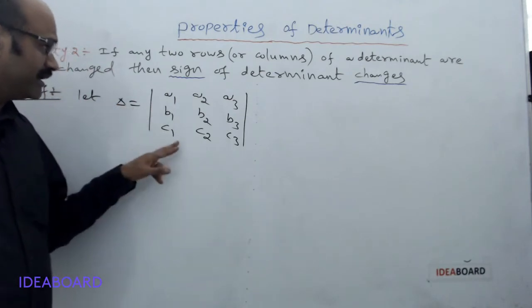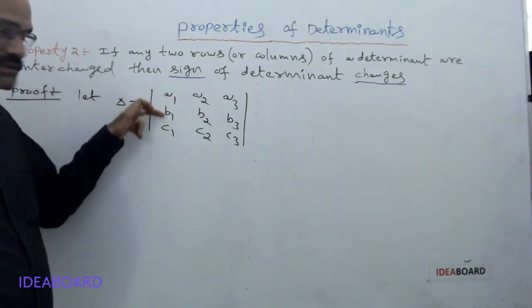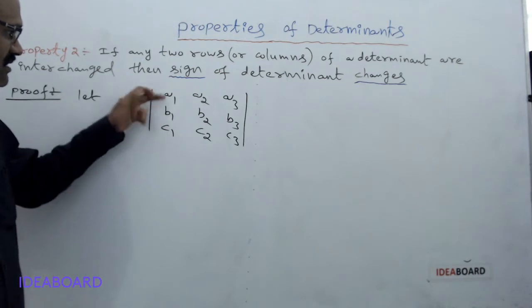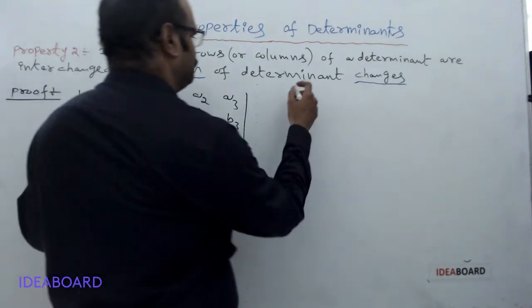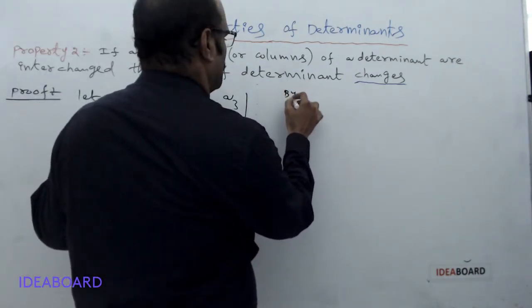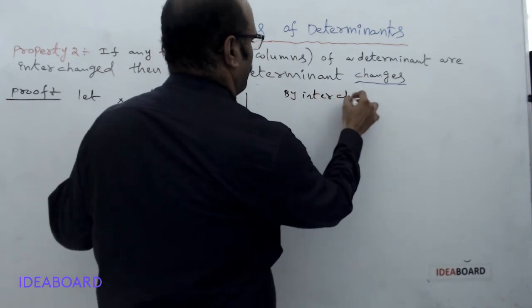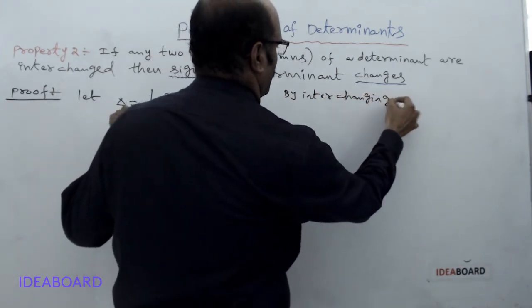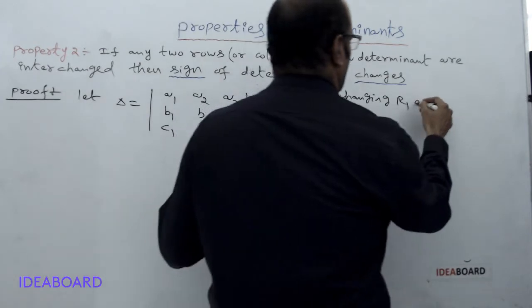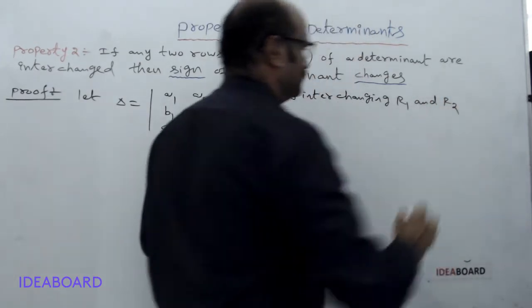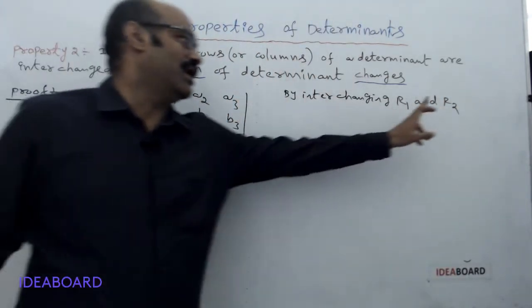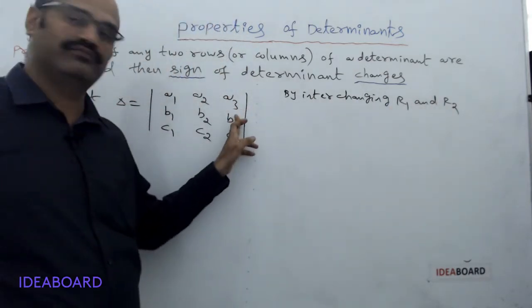You take one more determinant by interchanging any two rows, by interchanging R1 and R2. R1 means first row, R2 means second row.